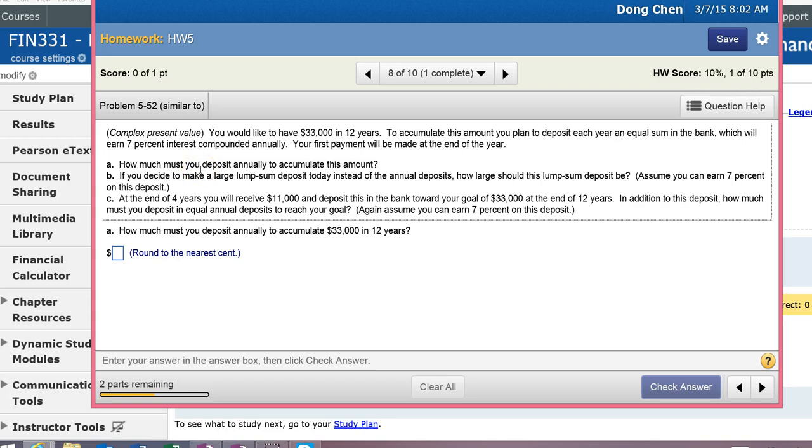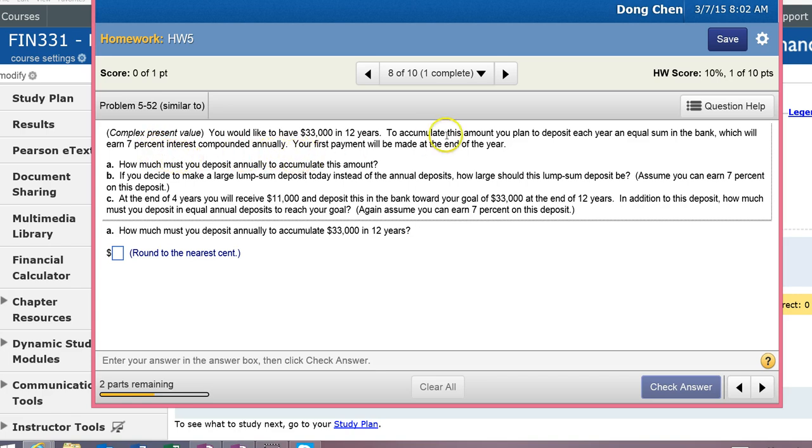It's just solving for the annual payment, given that we know this $33,000, because you would like to have this in 12 years. So this $33,000 is the future value, and you also know the interest rate is 7%.